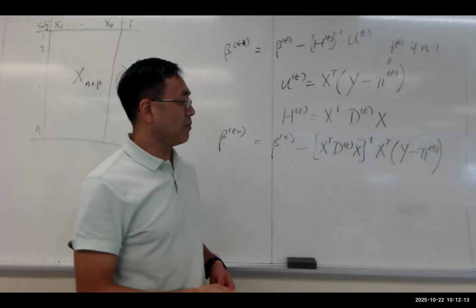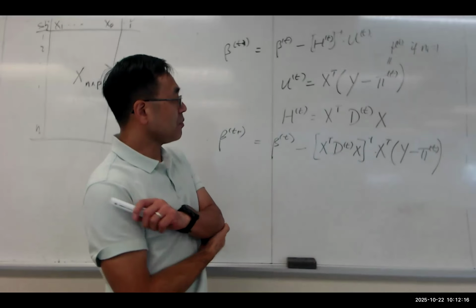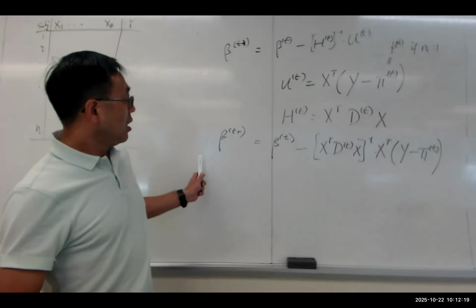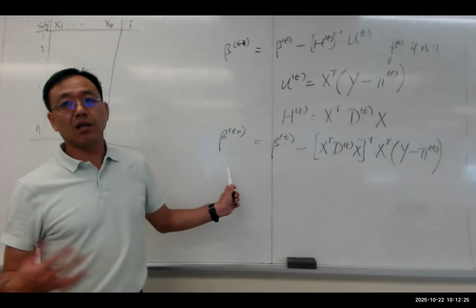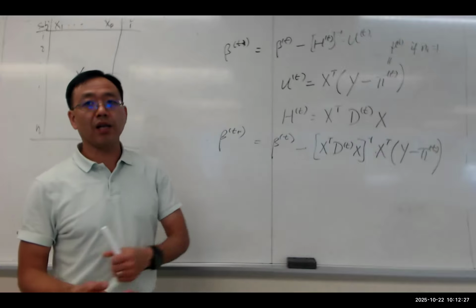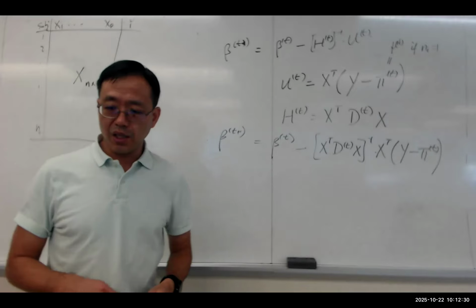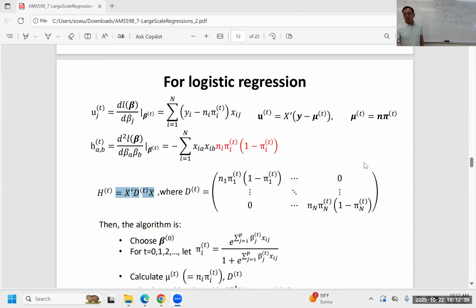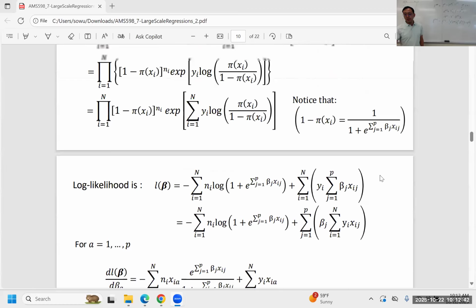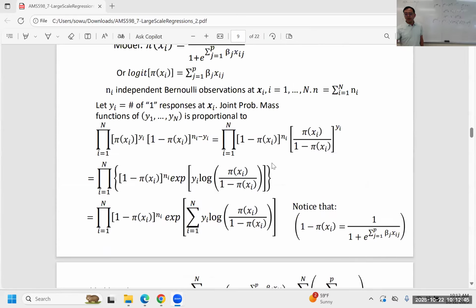I'm simplifying the situation for you. This is the algorithm behind it. Like I mentioned at the beginning, the likelihood function looks a little daunting, since it involves the product of a lot of terms and you have to take the derivative.